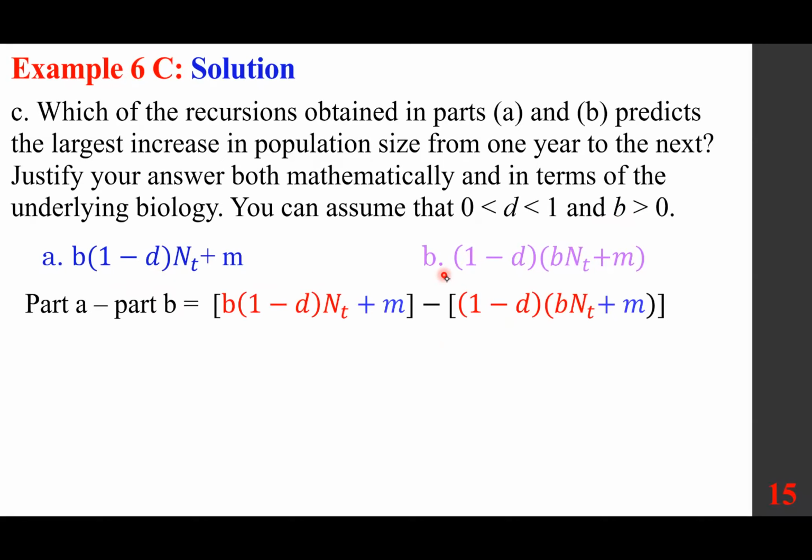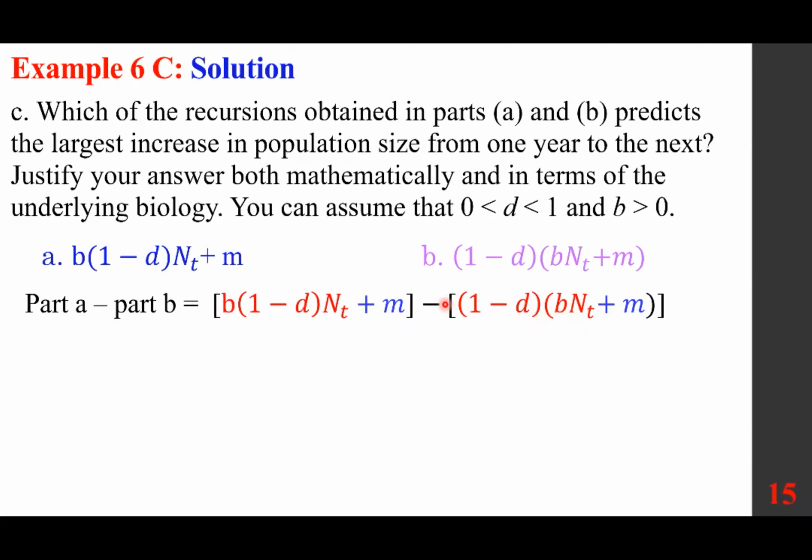You have two choices. You can simplify it by distributing or not. If you just write this part, again, this is simple math. You can do it as you wish. So write this one plus m, then minus this times b and times n sub t, and then 1 minus d times m.